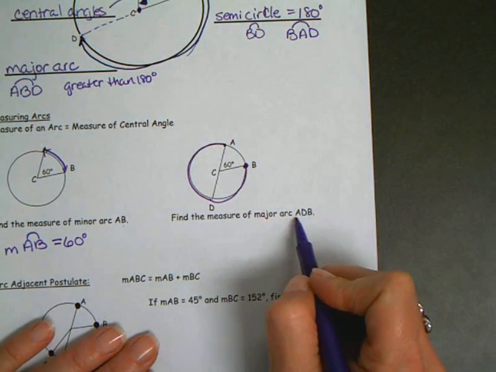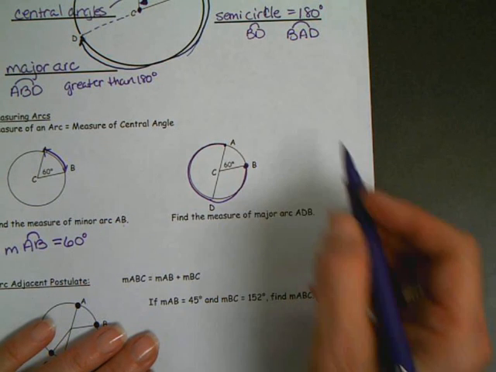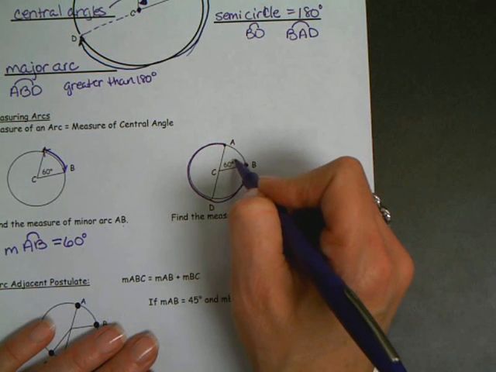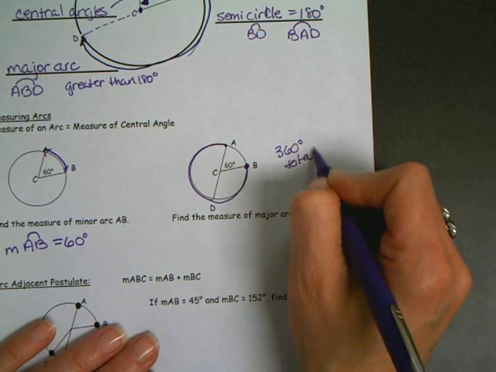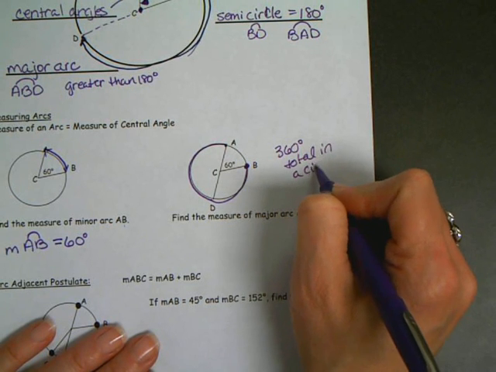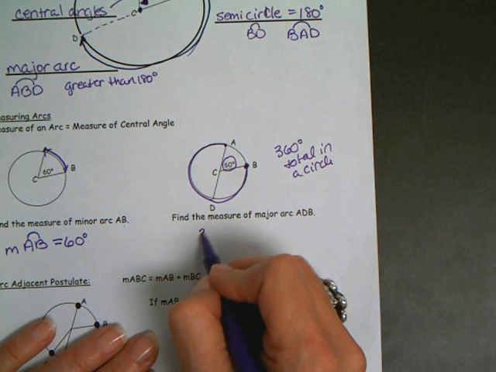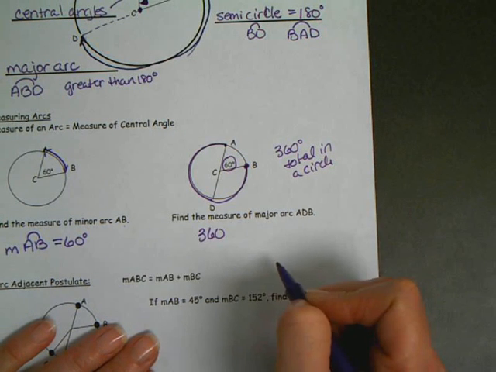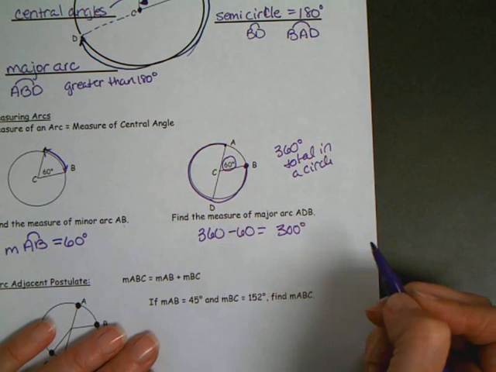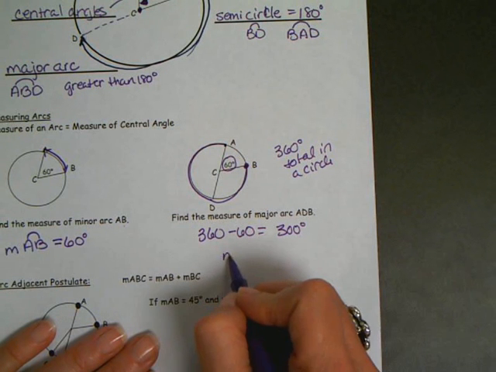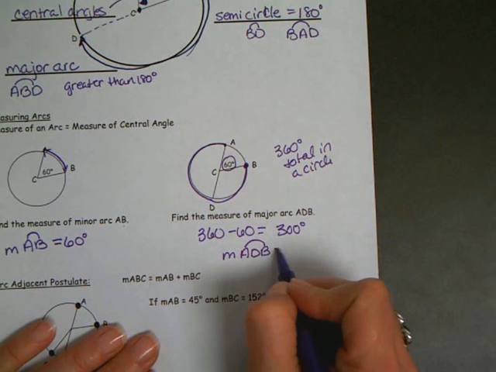So that's all of the circle except this 60 degrees here. And we know that there's 360 degrees total in a circle. So if I already have 60 degrees accounted for, then arc ADB is 360 minus 60, which is 300 degrees. So the measure of major arc ADB is equal to 300 degrees.